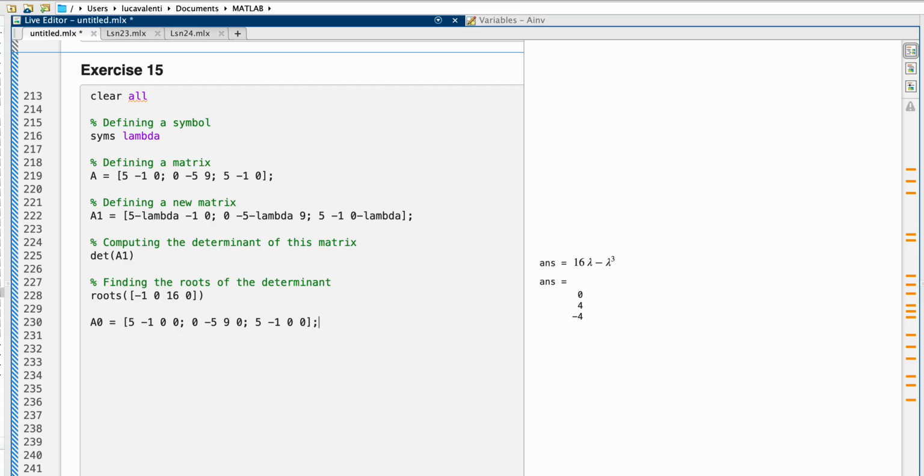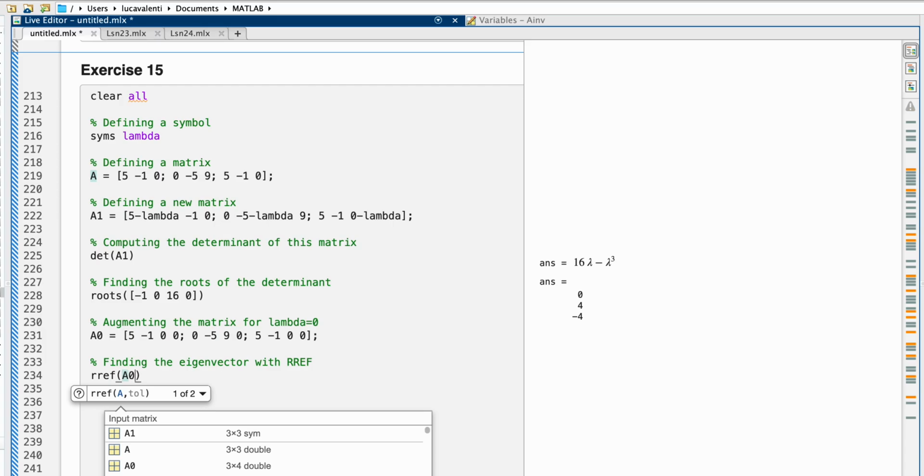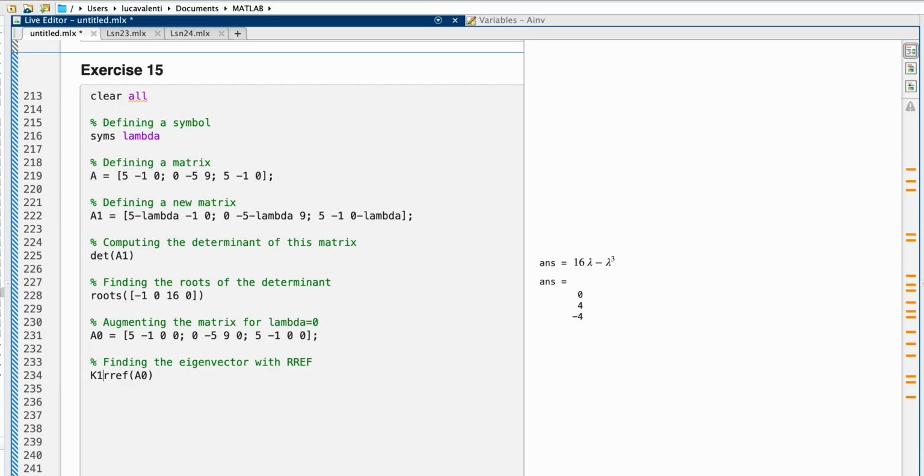So now that I have this, I'm going to say augmenting the matrix for lambda equals 0. I'm going to find the eigenvector with RREF. So RREF of A0 is going to give me my K1, my first vector.